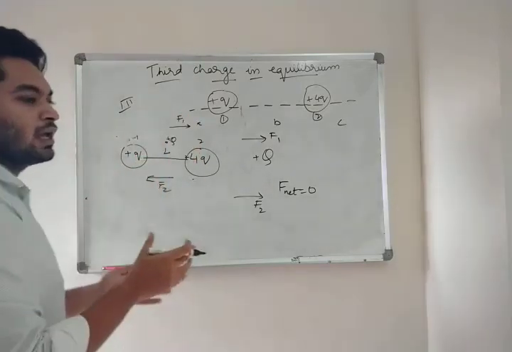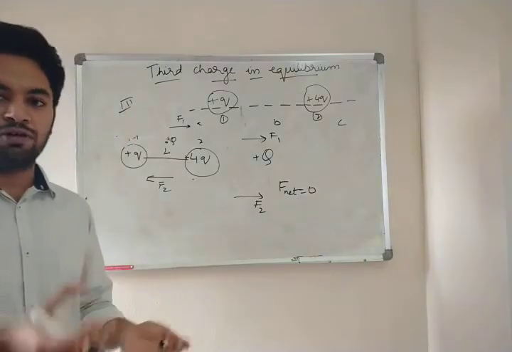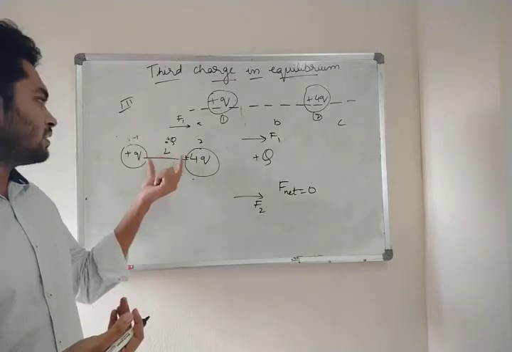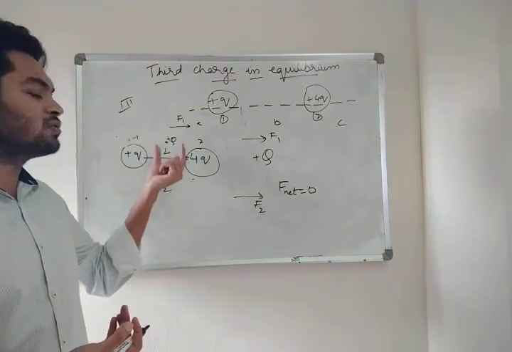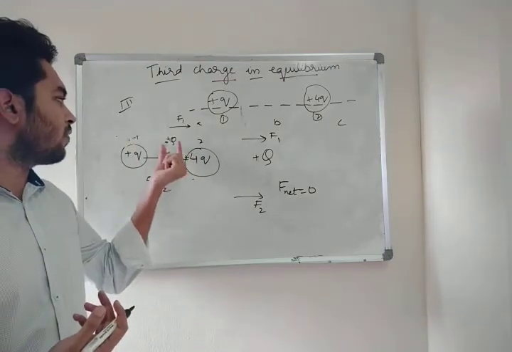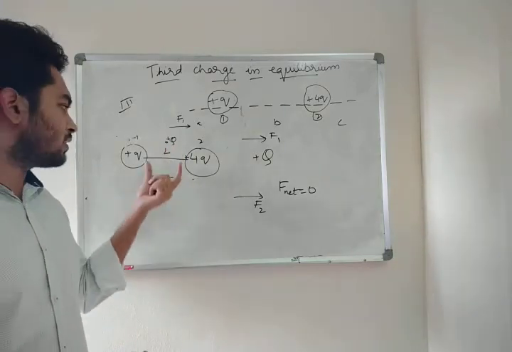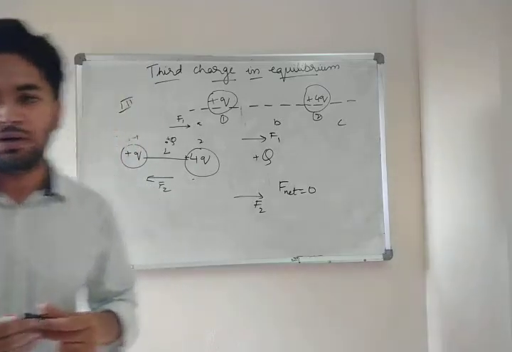So here there is a chance of equilibrium, but we don't know at what distance. This total distance is L, but we should find out at what distance this plus Q has to be kept. Clear? That is what we are going to find out.